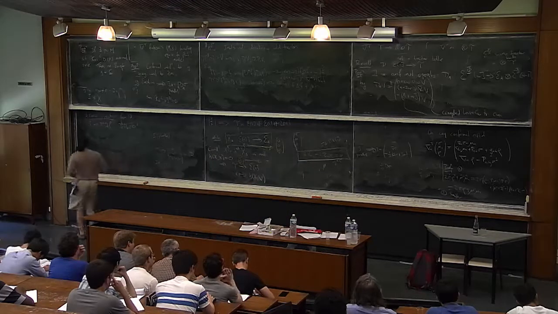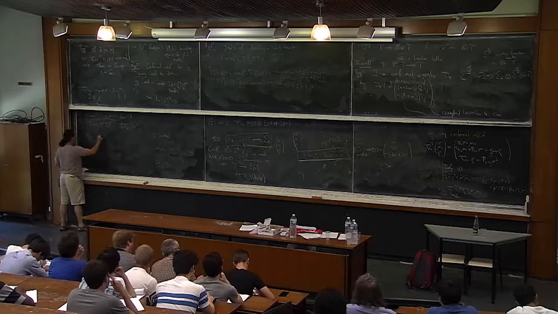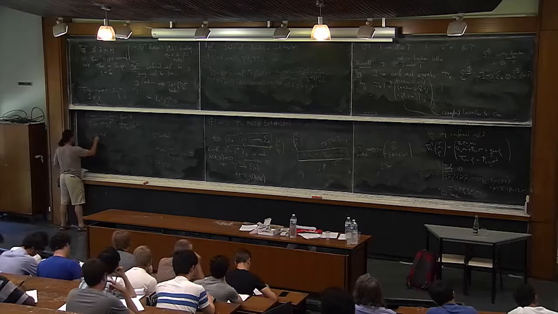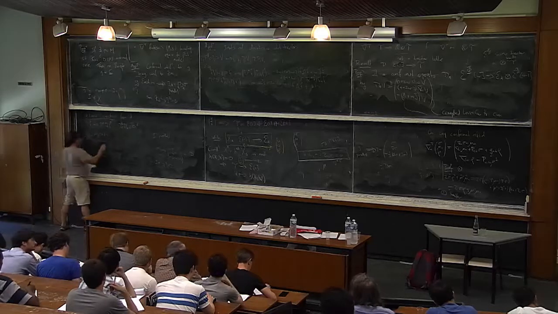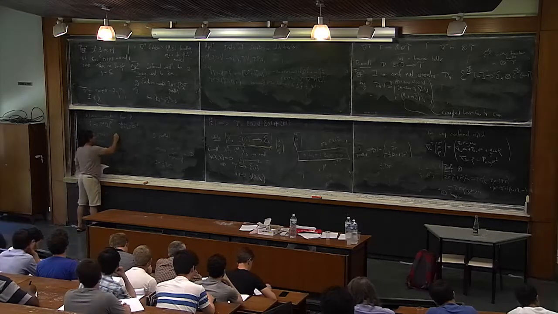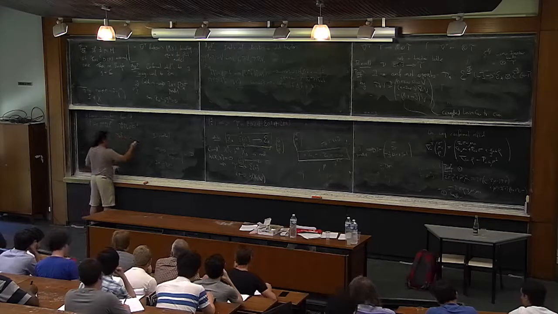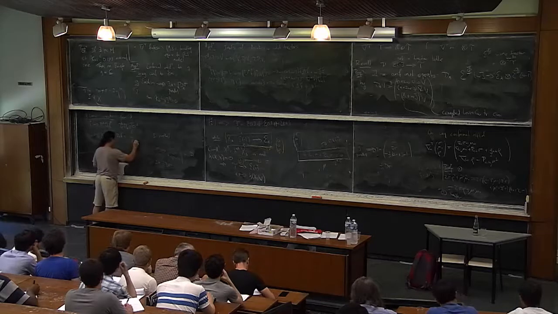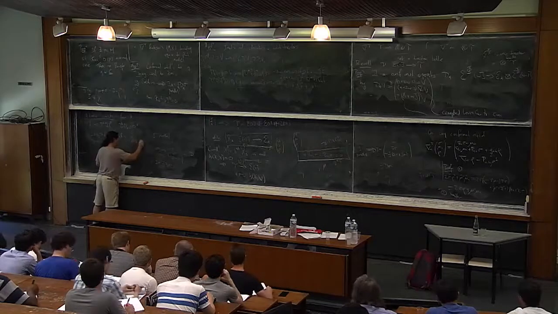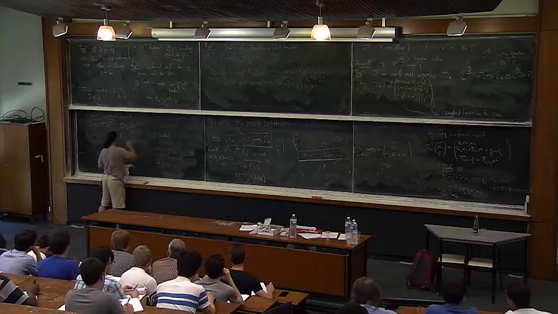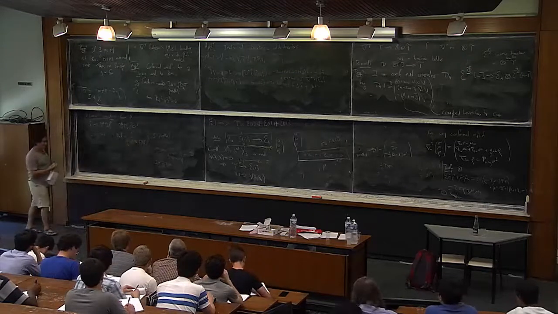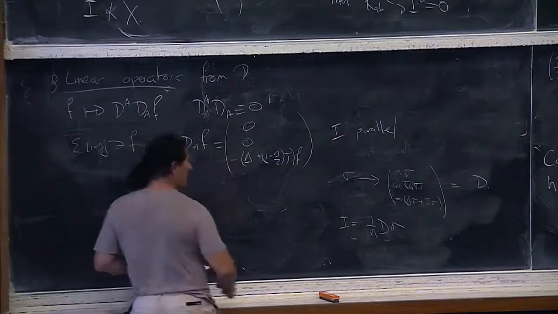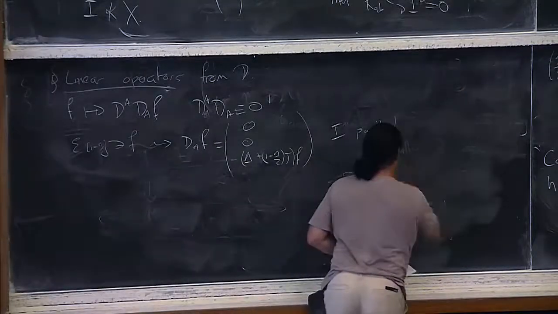And so for F in here, we get that DAF equals 0, 0 minus Laplacian plus 1 minus n on 2, J acting on F. Those of you that were fairly conscious yesterday will remember that that's the formula for the conformal Laplacian.